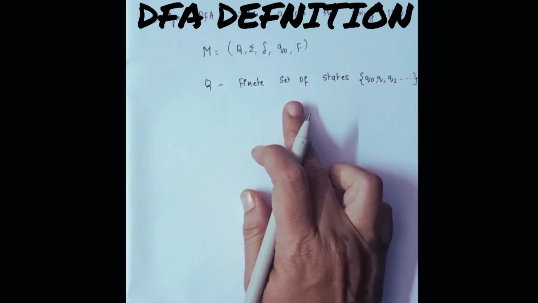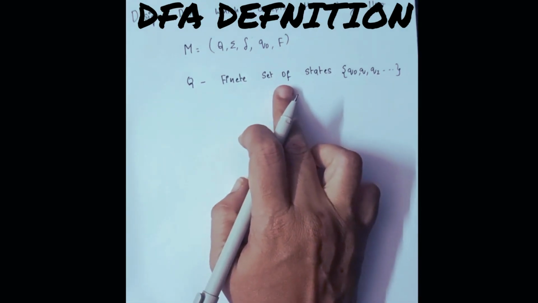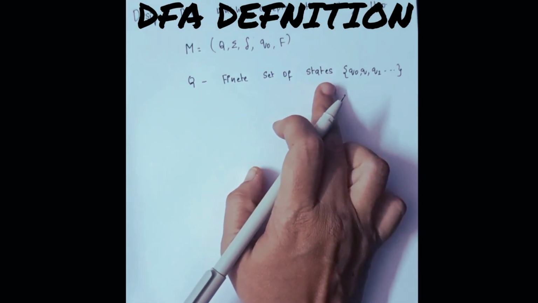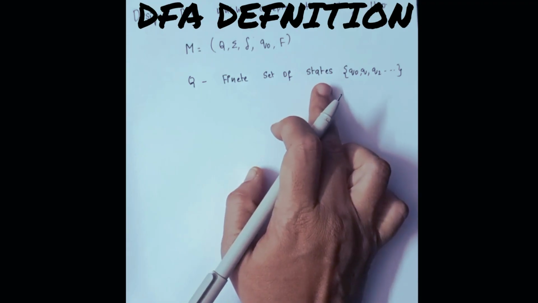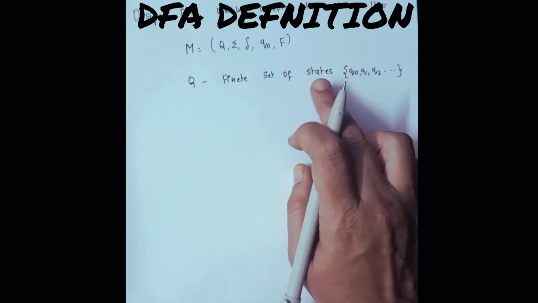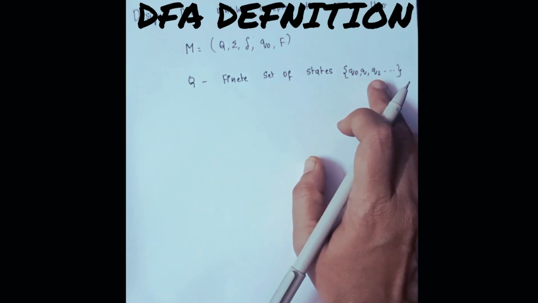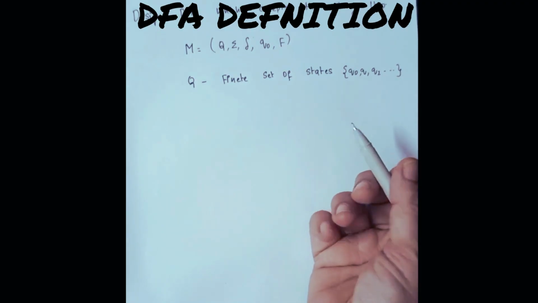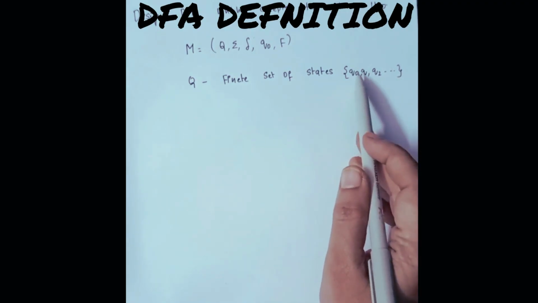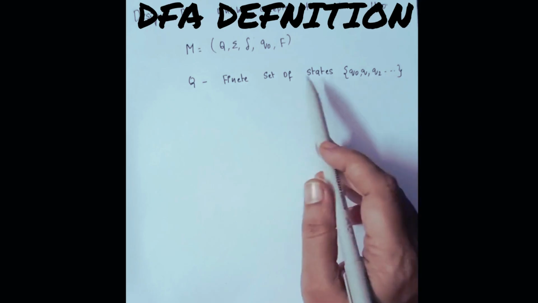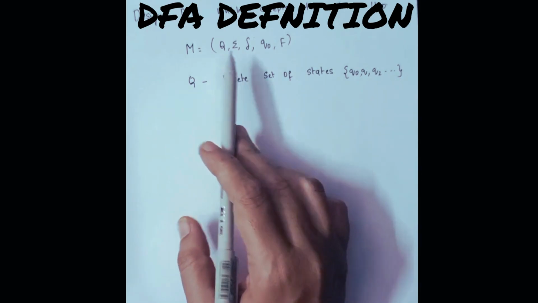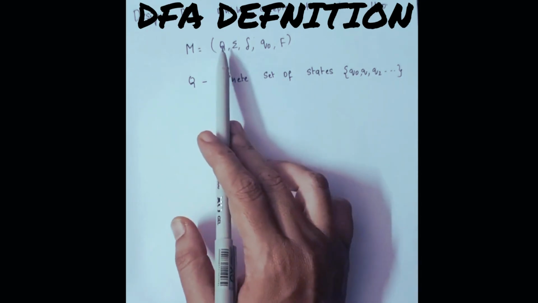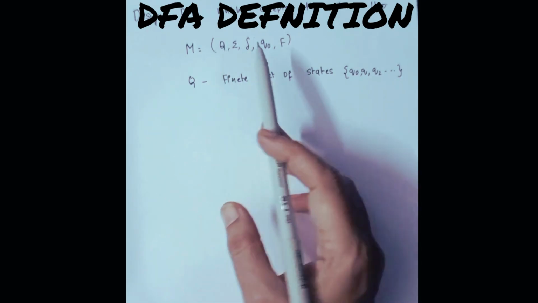If you are going to design a finite automata, it will be represented in the form of states. Depending upon the number of input strings you use, that will be represented by using this set of states. So a DFA will be represented with states, and that is called capital Q.